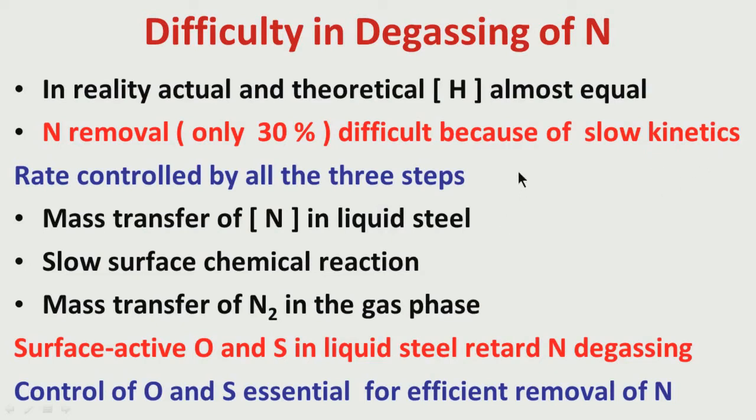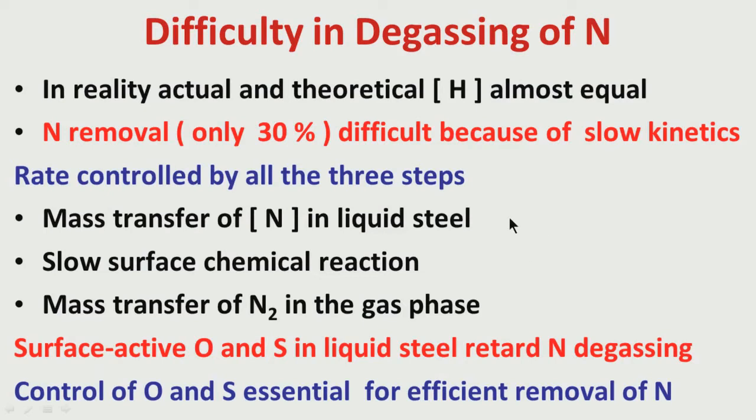Now, let us see what the steps are. As I have told, first there has to be a mass transfer of atomic nitrogen or hydrogen in liquid steel from the bulk to the surface of the steel, to the interface of liquid steel and gas.